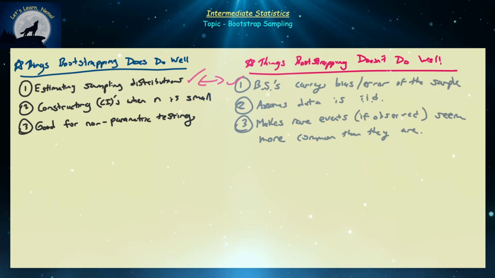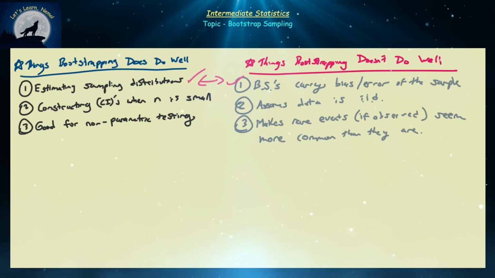Also, constructing your confidence intervals with small n is also very good. Because what you have here is your sample, which comes from your distribution. In your sample, you have your test statistic, and your bootstrapping samples approximate your sampling distribution, and that sampling distribution is in some sense indirectly giving you other samples out there, with similar but not necessarily equal X bars, for example, and you can build confidence intervals from all of those X bars, even if your sample size is small.